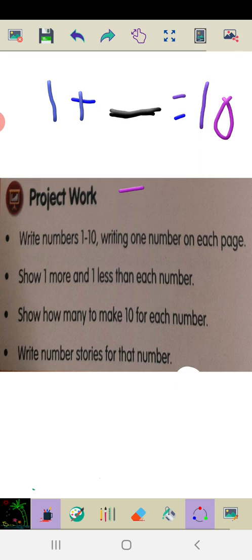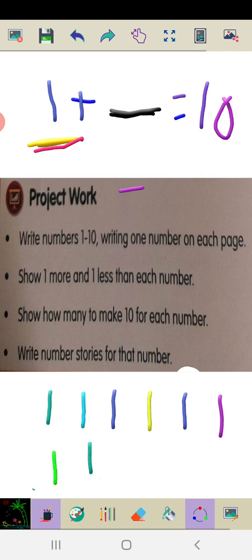How to do this? After this 1, I am drawing lines here. Afterwards, I will count the lines. This is 1. After 1: 2, 3, 4, 5, 6, 7, 8, 9, 10.